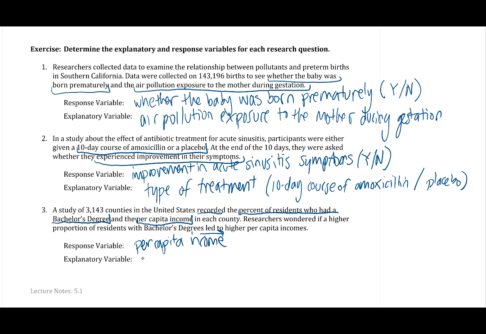And they're wondering about the relationship between that and the explanatory variable, which was percentage of residents who had a bachelor's degree. Notice that both of these are quantitative variables.